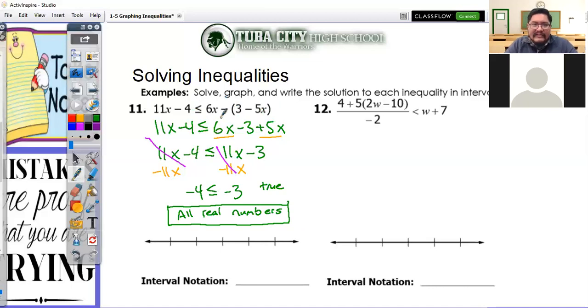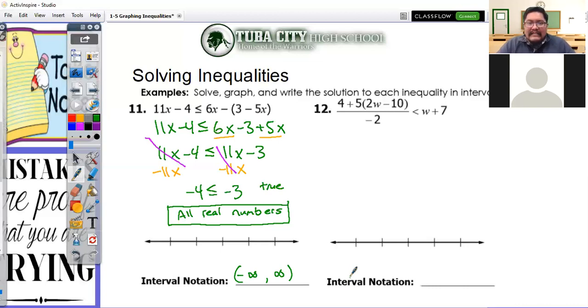This one always works. So once the variables are gone, check to make sure it's true or false. And in this case, for interval notation, all real numbers means everything from negative infinity to positive infinity. Everything works.